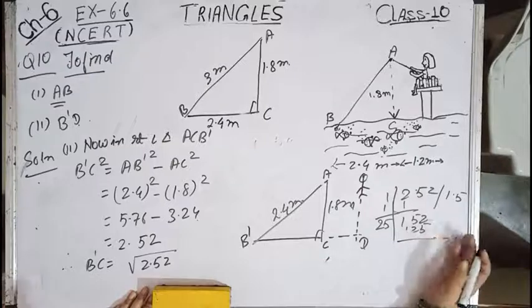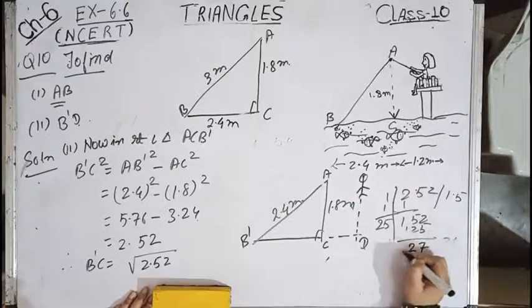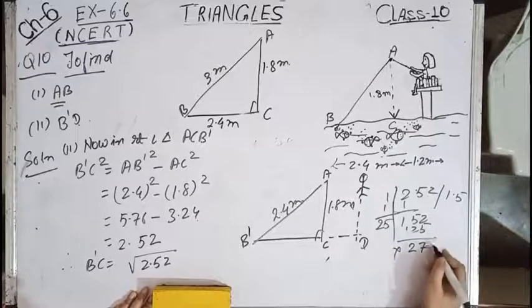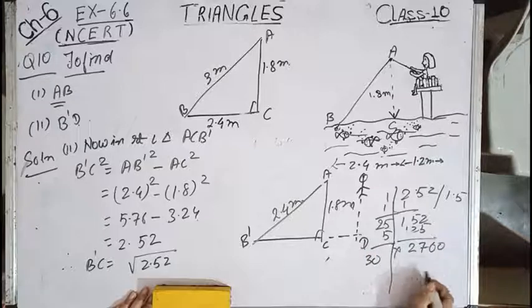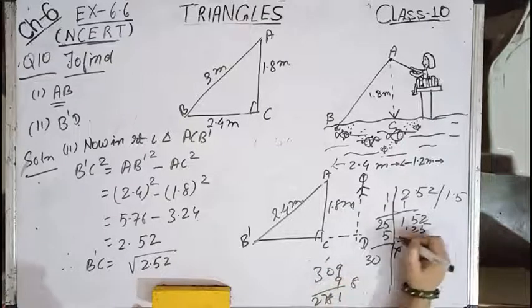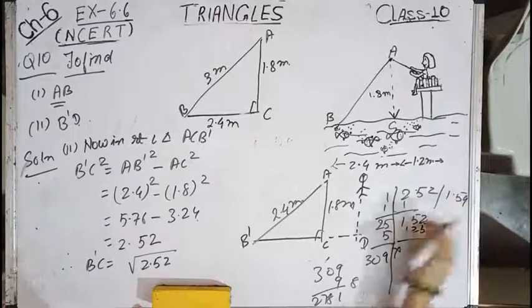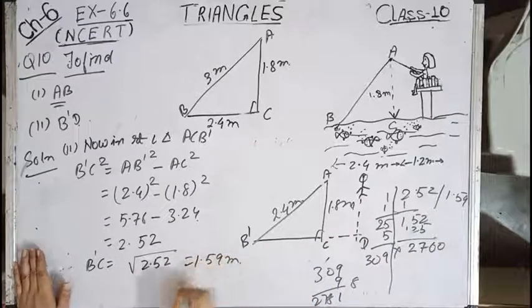Let us do one more decimal place. So we get 1.59. So this value is 1.59 meter.